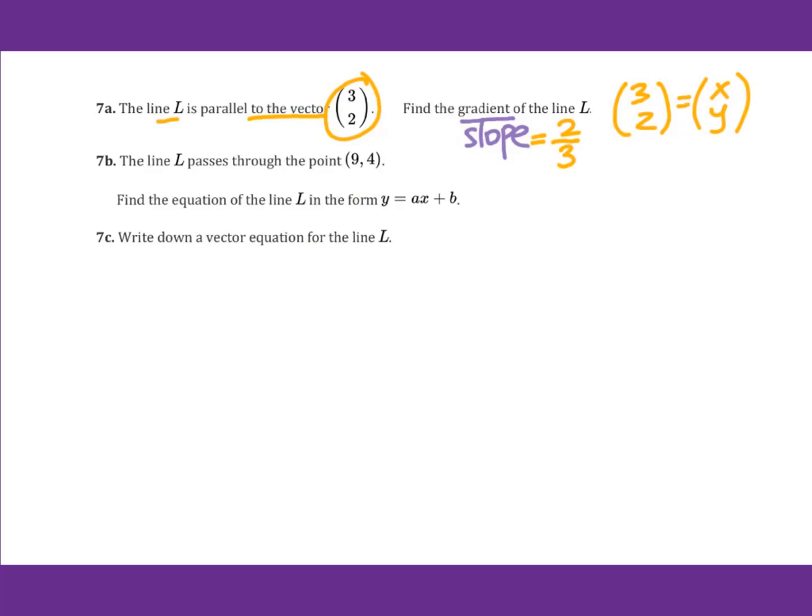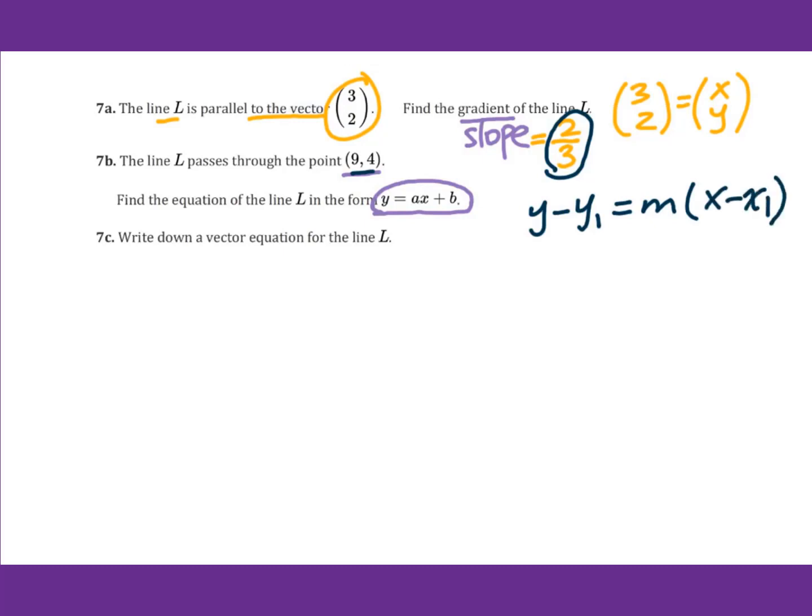For 7b, the line passes through the point 9, 4. Find the equation of the line in the form y equals ax plus b. Since we already have the slope and a given point, we use the y minus y1 equals slope times x minus x1 form.